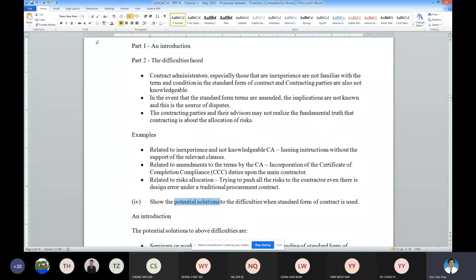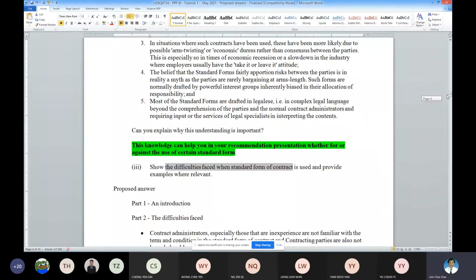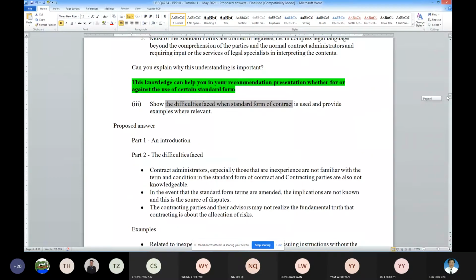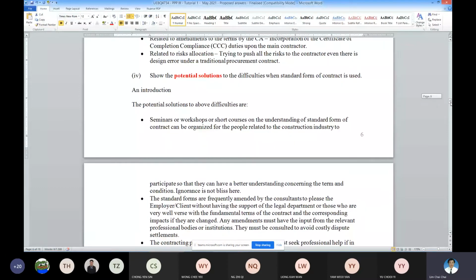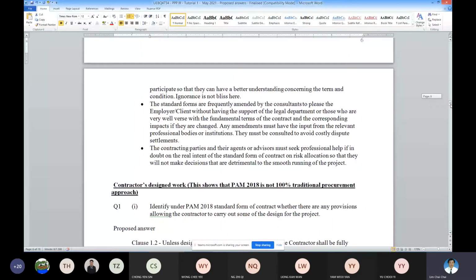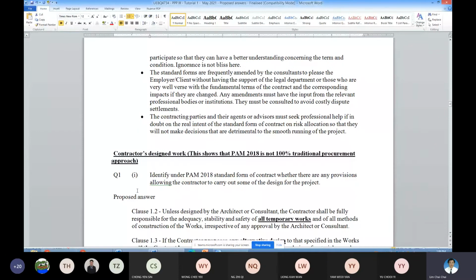So I won't be going through all this today. I'm going to go to something more difficult. These are all simple ones. I will go to the more difficult one for your exercise. So next we go on to the interesting question, under the PEM, contractor design work.